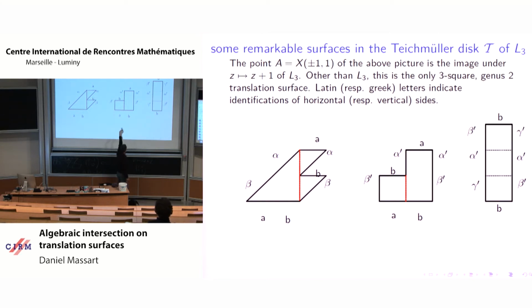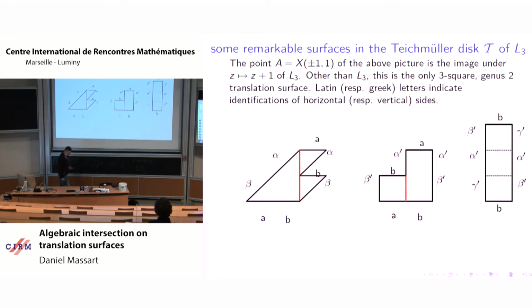So beware that here the identifications have changed because the left horizontal side is glued to the lower right horizontal side, so there is a cross. Actually it is also this surface, because you can cut the lower left square and glue it on top, and it gives you this.